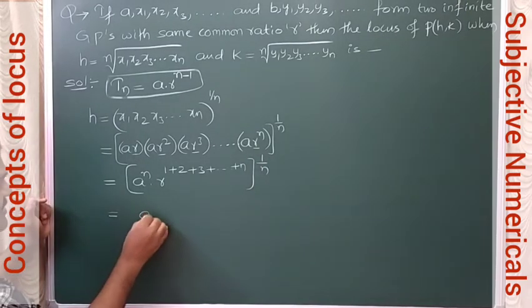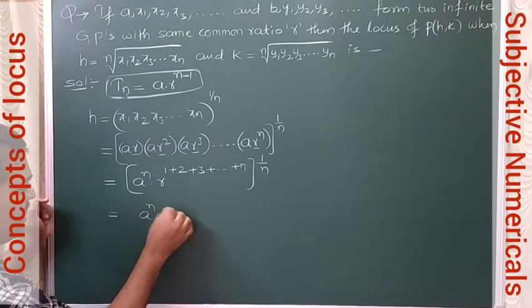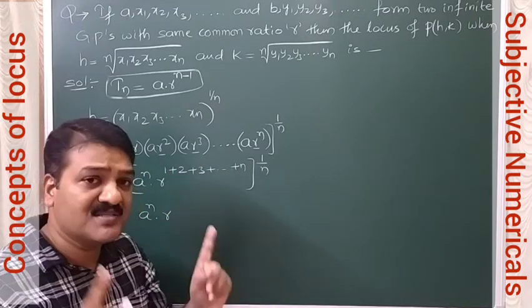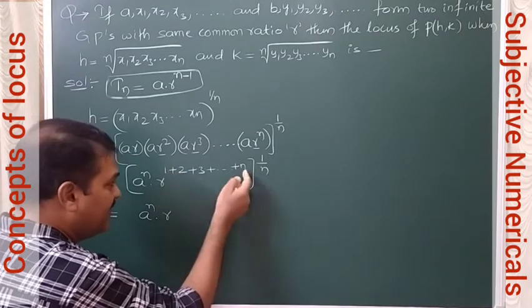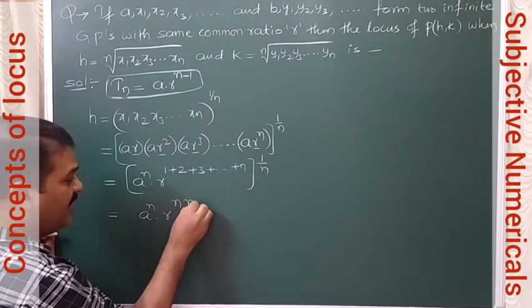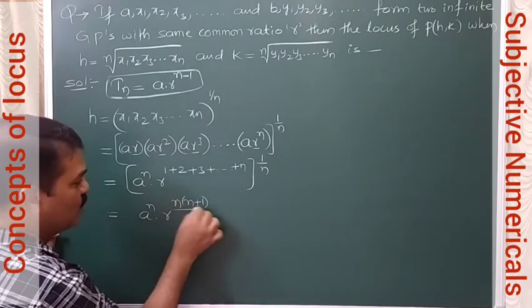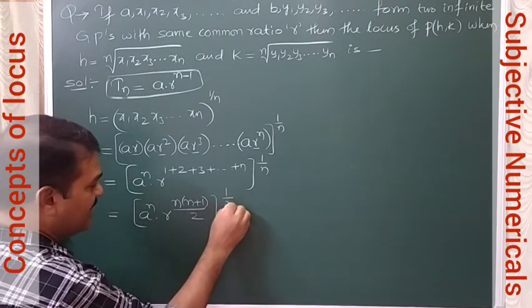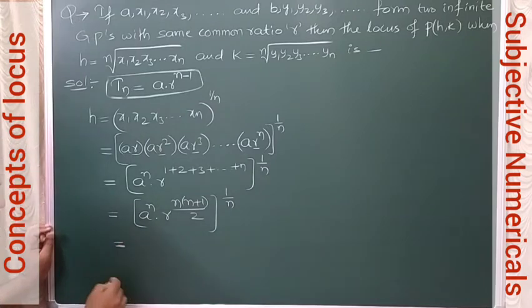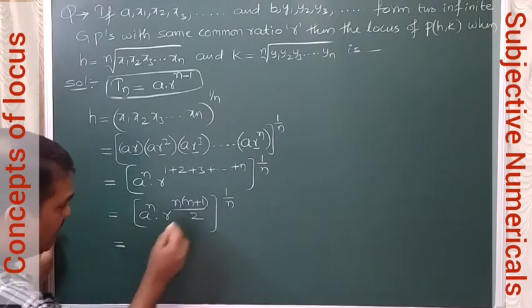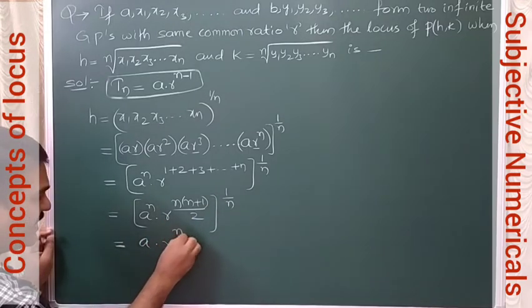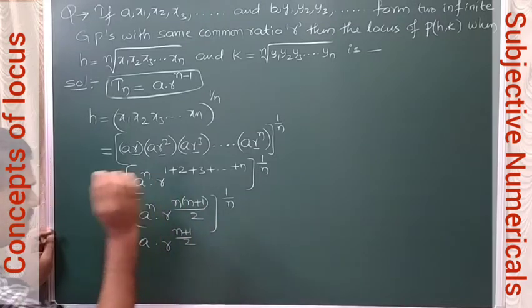So I can write this as a power n, r power (1 plus 2 plus 3 and so on up to n), which means sigma n. For sigma n we directly have the formula n into n plus 1 by 2, whole power 1 by n. Now simplify. A power n whole power 1 by n means a will come, and r power n into n plus 1 by 2, whole power 1 by n, means r power n plus 1 by 2 will come.